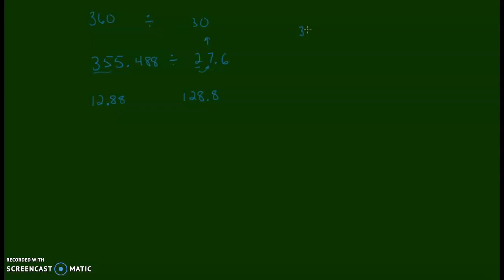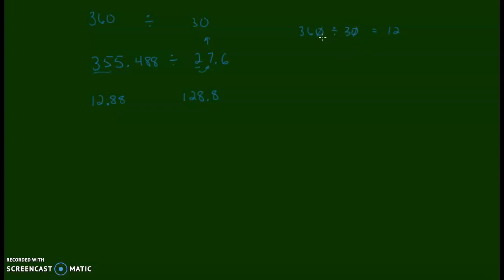So I'm going to rewrite that over here. So I have 360 divided by 30. I know that 36 divided by 3 is 12. And since both numbers have a 0, I can cancel those out.